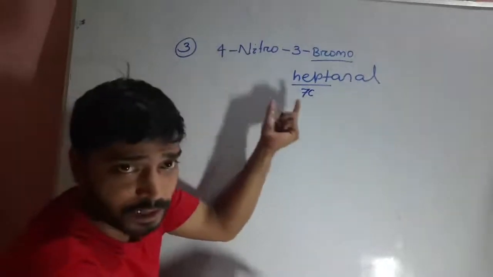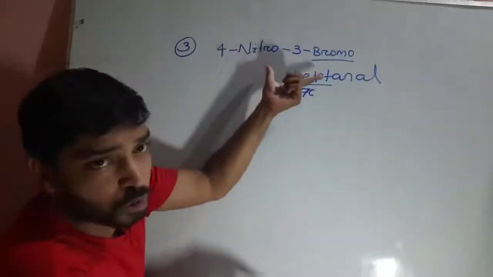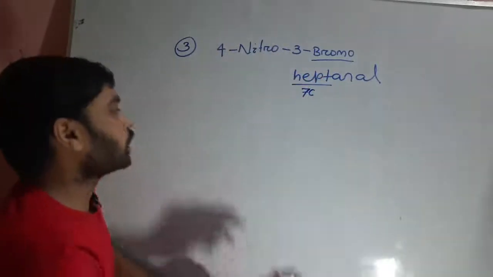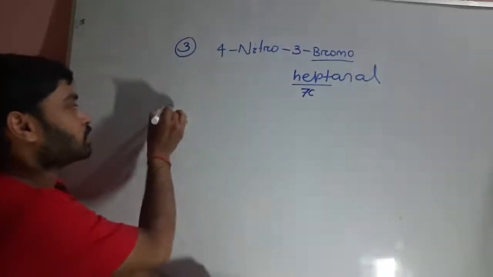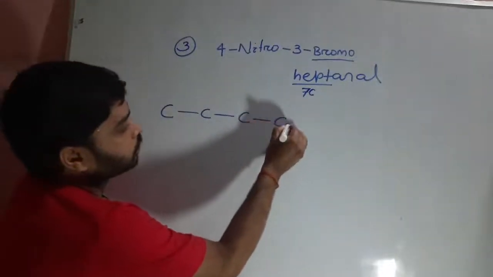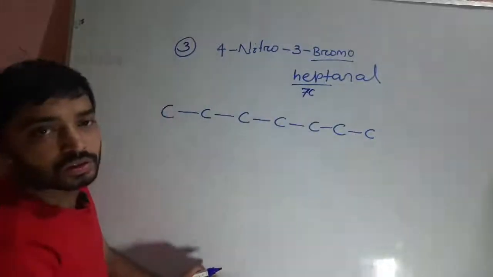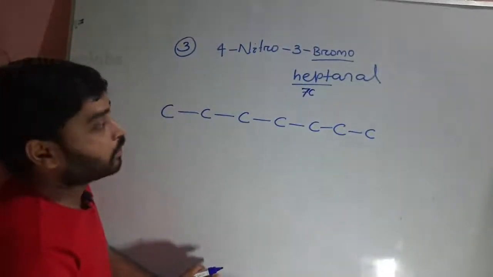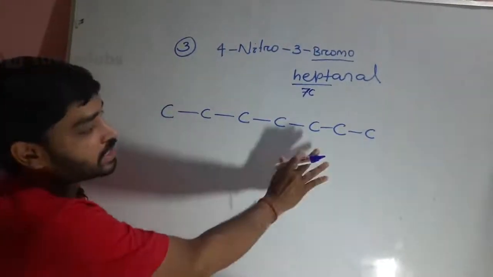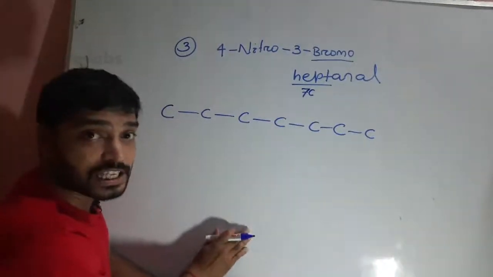After placing 7 carbons, I will go for the substitution group parts. So first we need to place 7 carbons. Now we have placed 7 carbons by using the single bond or sigma bond.